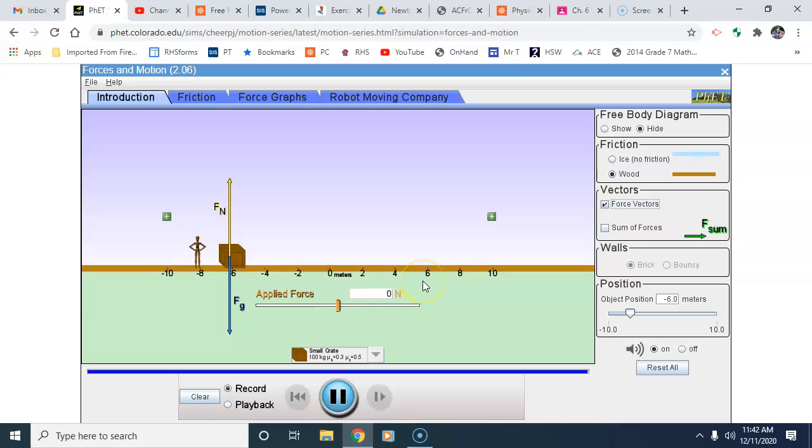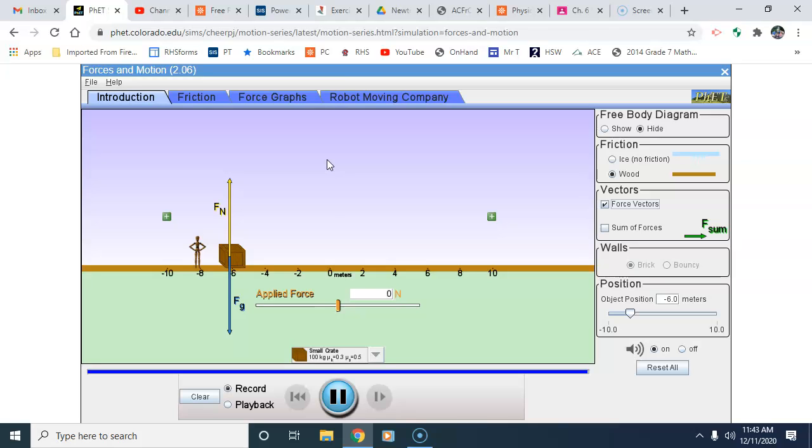Alright, so remember some basic stuff about work. There's a crate sitting on a flat surface, and right now this person is not pushing on it and it's not moving. Remember, when something is not moving at all, there's no work being done on it. That doesn't mean there can't be forces there, because we can see the forces from normal and gravity, but neither of those is causing any motion.